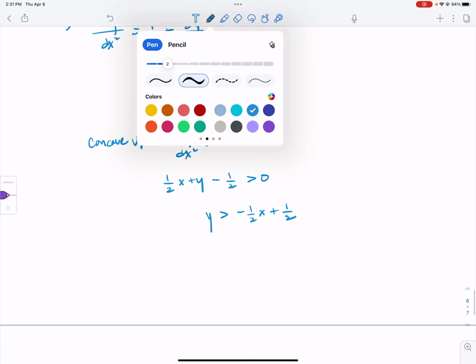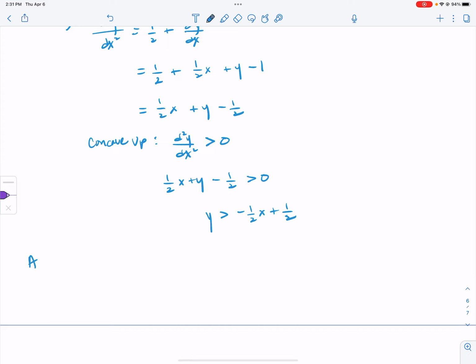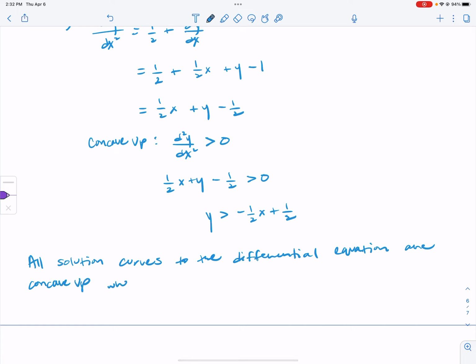I'm going to write that as: all solution curves to the differential equation are concave up where the second derivative is greater than 0, which is on the half plane.